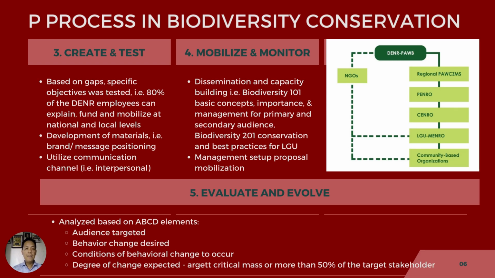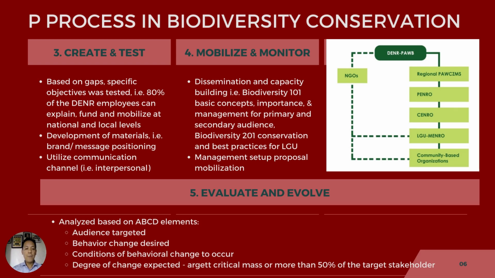On the other hand, there will be also specific mobilization in terms of communication related to conservation and best practices for LGU specifically in Biodiversity 201. Another piece here is the proposal of a management setup. So the mobilization of this setup, as you can see in the figure, was also monitored.